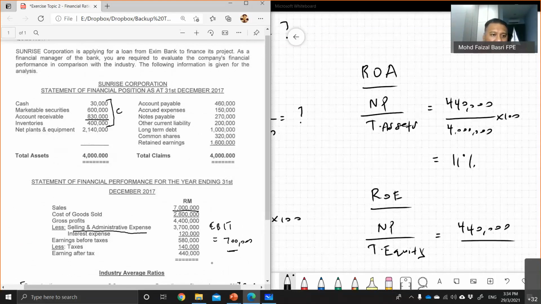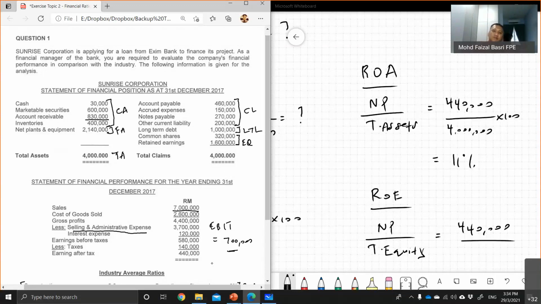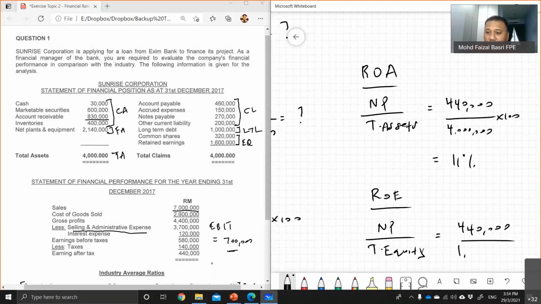This is our current asset. This alone is our fixed asset. This is total assets. From account payable until other current liability is our current liability. This 1 million long-term debt is our only long-term liability. And the bottom two would be our equity. This is what we discussed last week. So the total equity is basically these two, which is 1.92 million.